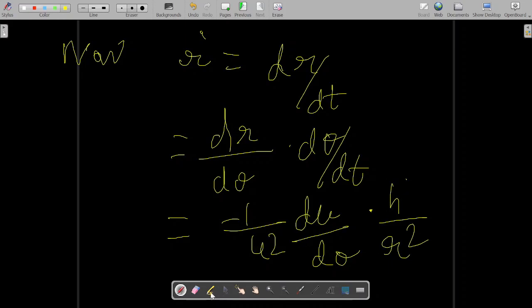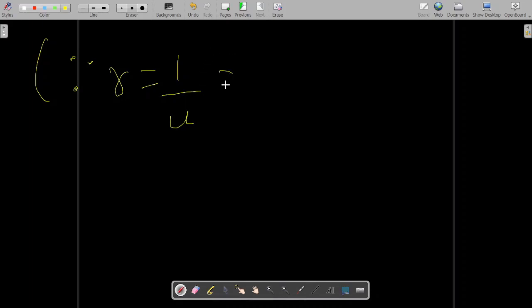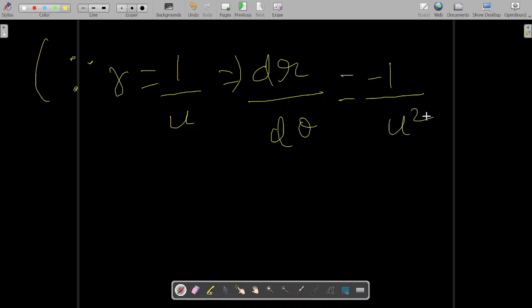So how has this particular step come? I am writing on the next page. Let's write the explanation in the bracket: as r is equal to 1 by u, that implies your dr by d theta will be equal to minus 1 by u square du by d theta, by the differentiation definition, right?